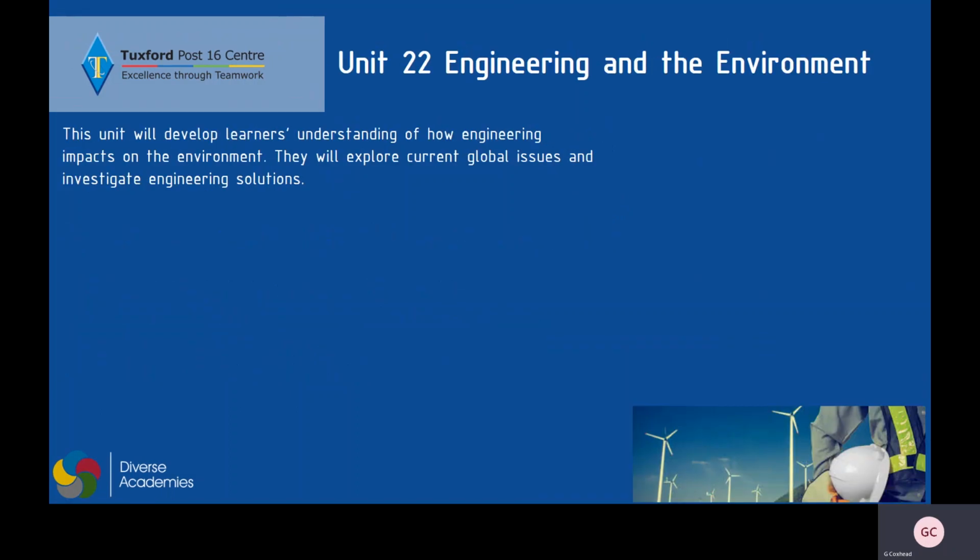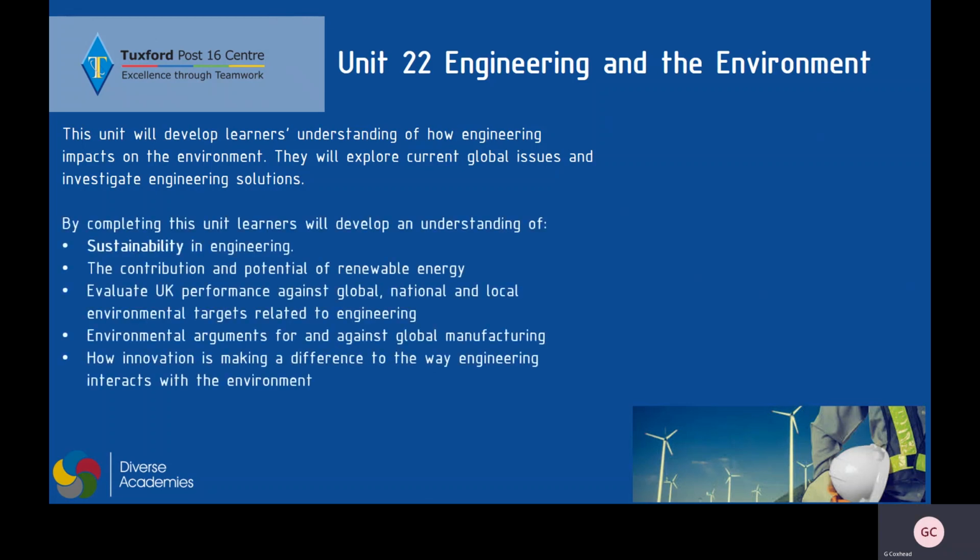Unit 22 is Engineering and the Environment, where we're going to be exploring current global issues, as well as looking at some of the solutions which are currently out there, and potential future solutions to global issues. They'll be looking at the context of sustainability in engineering, how renewable energy may contribute, and the potential of renewable energies to the global environment.